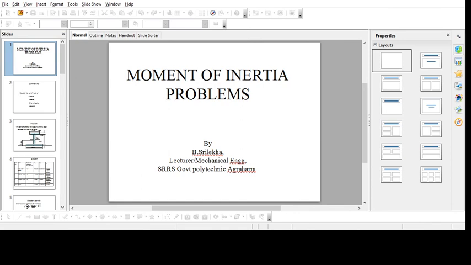Similarly, y bar is equal to (a1 y1 plus a2 y2 plus a3 y3 and so on) by (a1 plus a2 plus a3). You'll find x bar and y bar, nothing but the centroid of the entire composite figure.